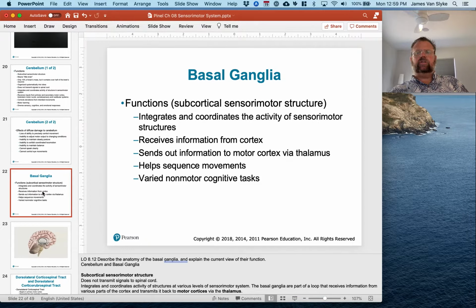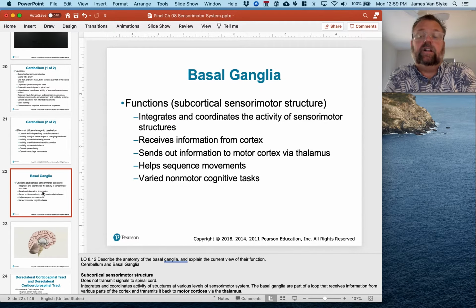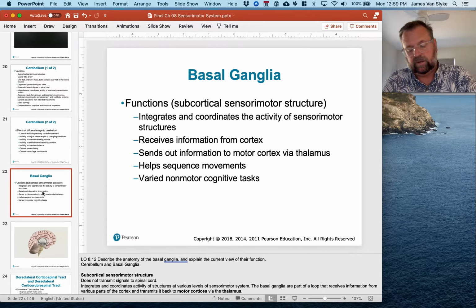If you remember, the basal ganglia is really close to the thalamus and close to the top of the brainstem. And so the basal ganglia is a part of that motor system and a part of both the sending and receiving of different kinds of motor commands.